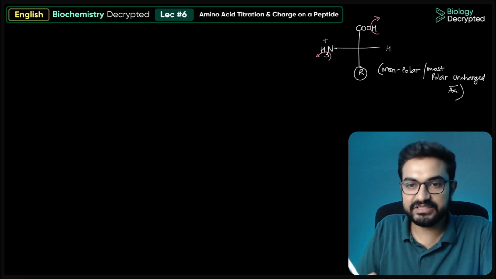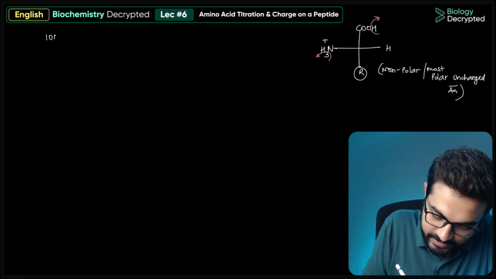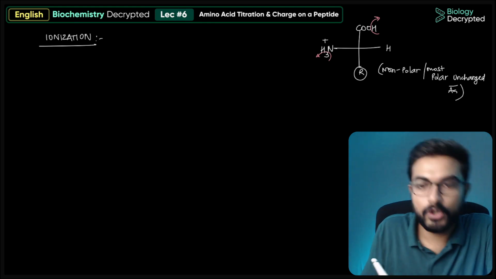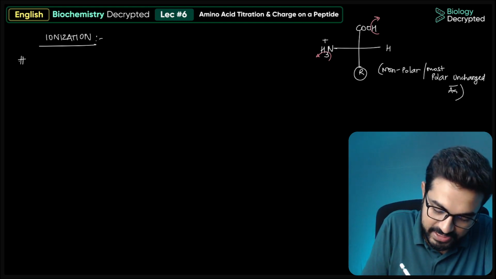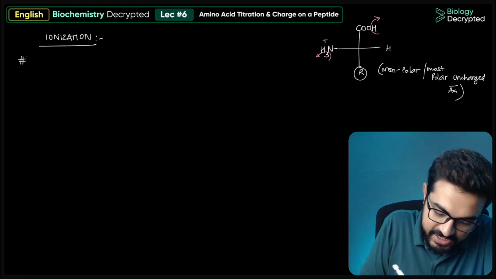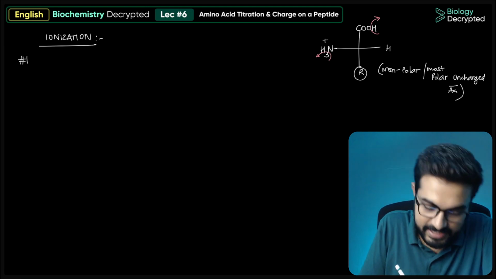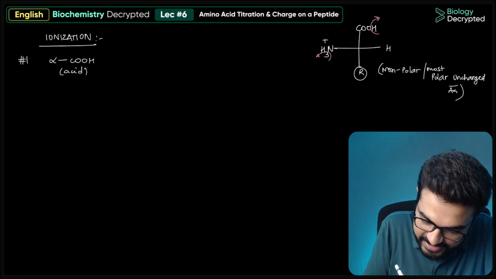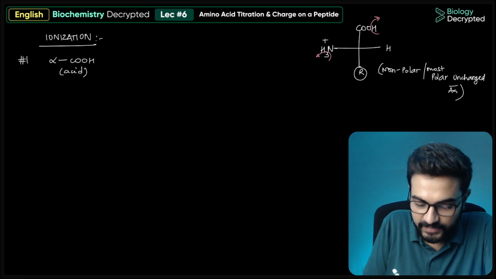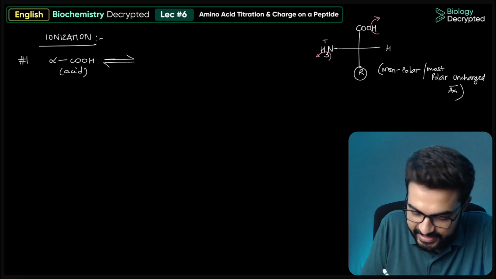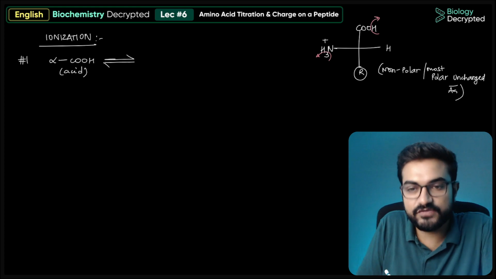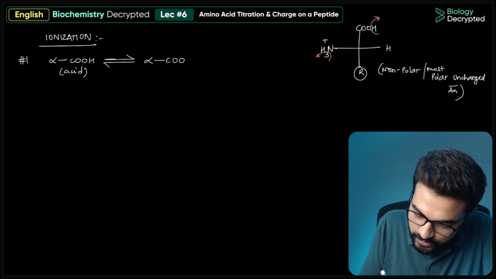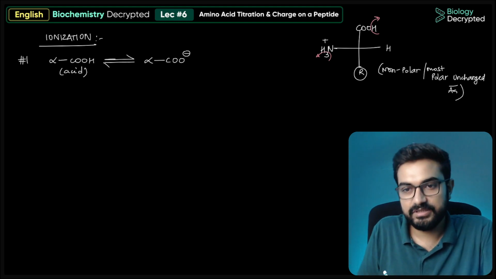So let's first look at the case of ionization of the alpha carboxylic acid group. This is the first ionization that we'll be seeing. Obviously this is an acid. This is getting ionized, and it is forming its conjugate base, that is COO minus, alpha carboxylate.